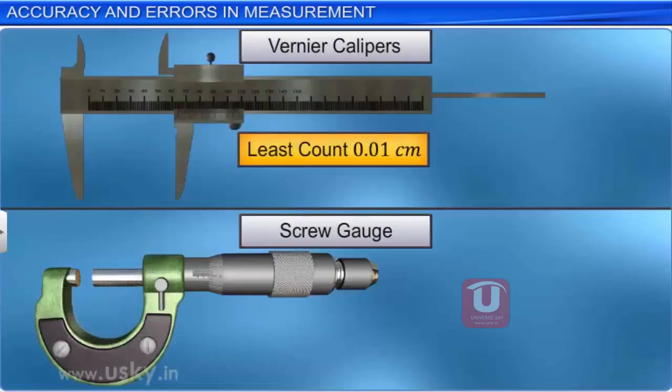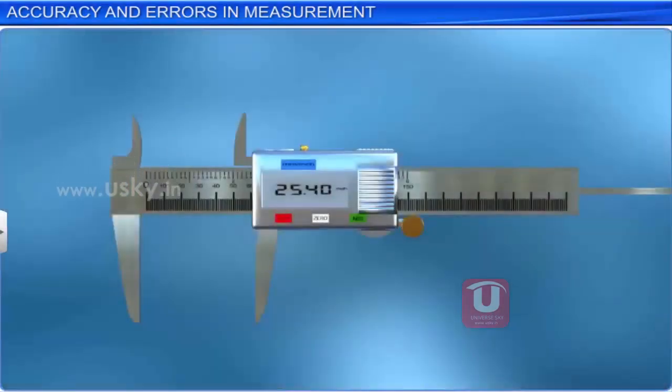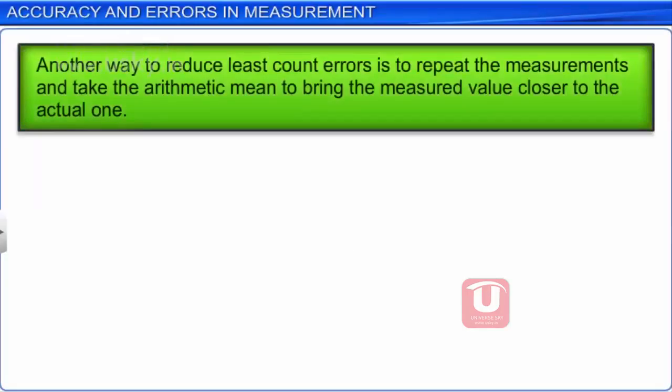Least count error can be minimized or eliminated by using high-precision instruments or improving experimental techniques. Another way to reduce such errors is to repeat the measurements and take the arithmetic mean to bring the measured value closer to the actual one.